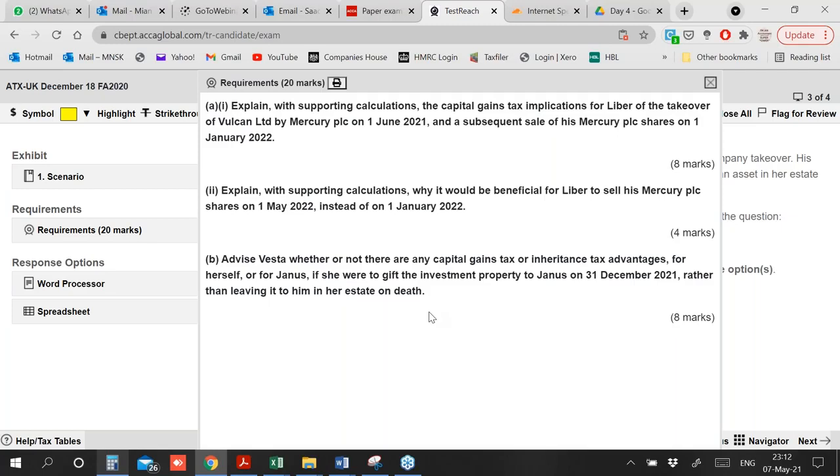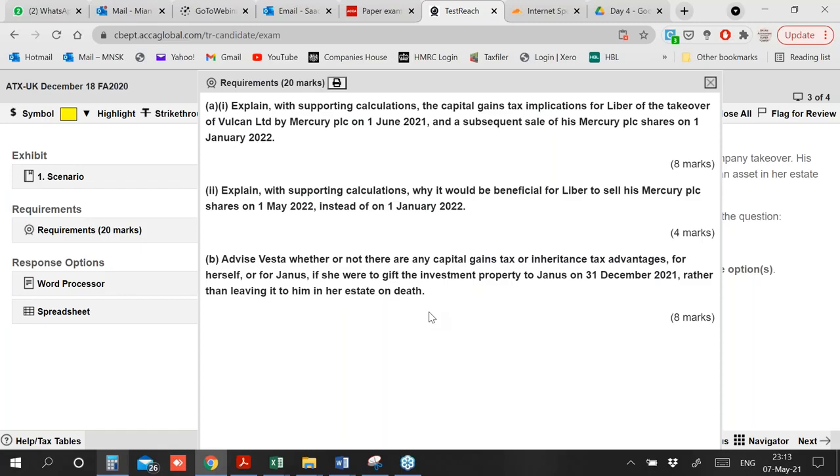And number two, she will not be disposing of any assets, because it was clearly mentioned in the question that she has not made any disposals during the tax year and she will not make any in the future. So what is the point of realizing a capital loss by gifting an asset to your son when you will not be making any disposals to use that loss? So there is no advantage to you.